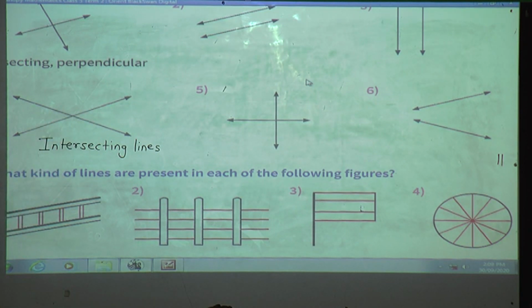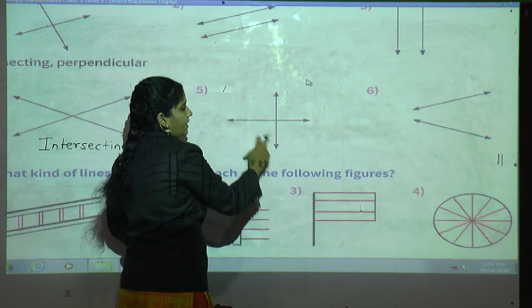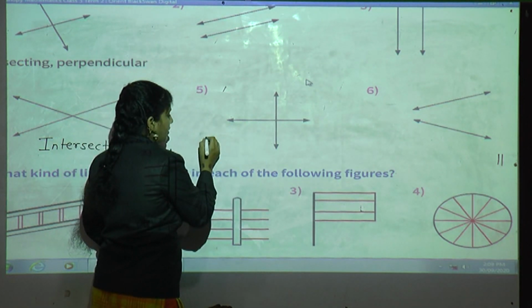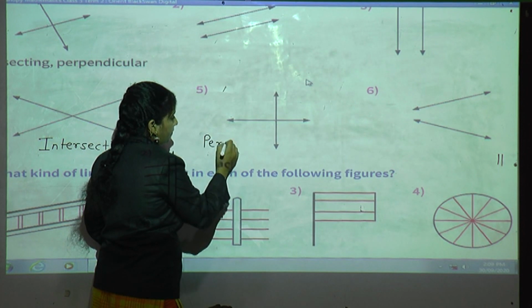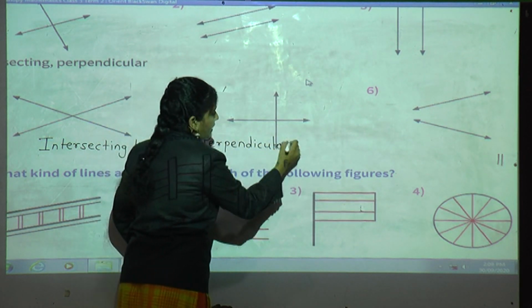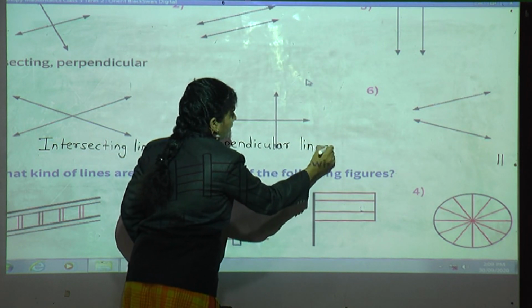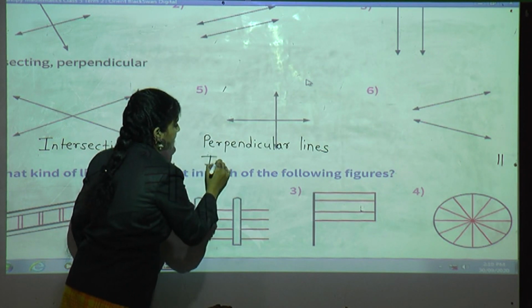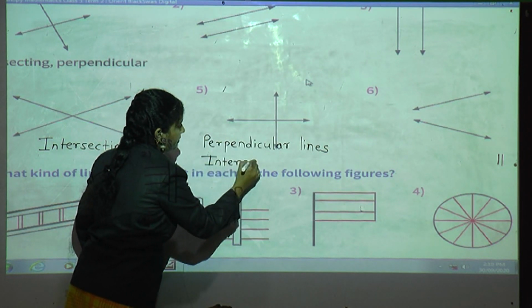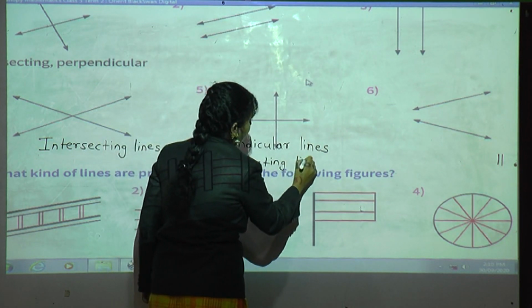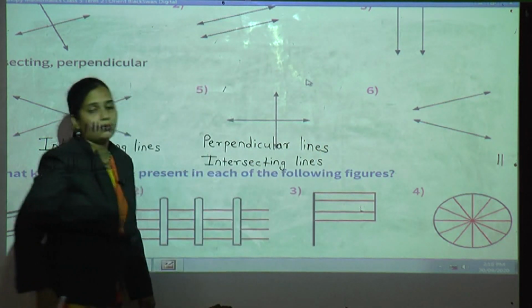Again fifth one. Here they are making an angle of 90 degree, so they are perpendicular lines. Again they intersect each other, so they are intersecting lines. Now sixth one.